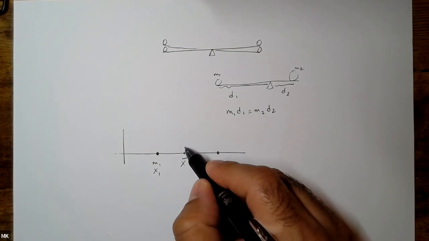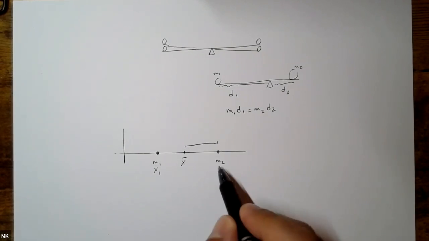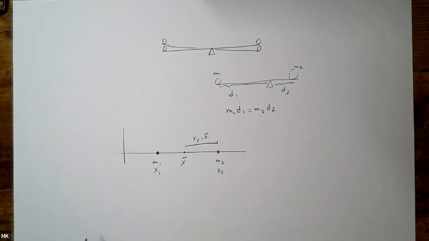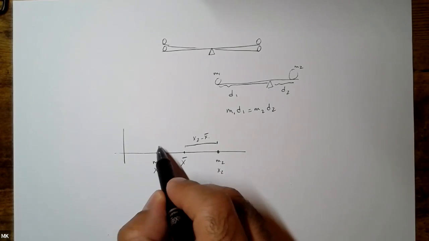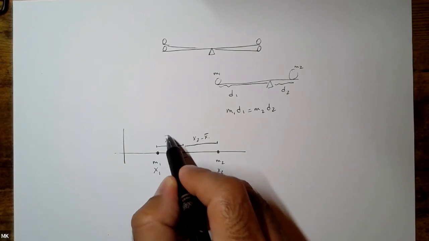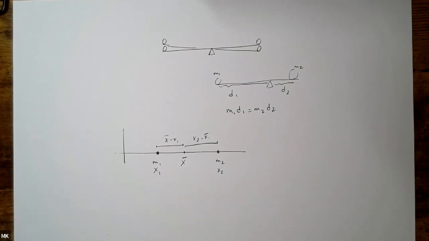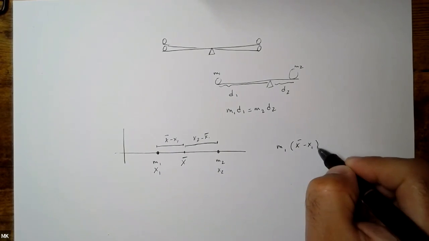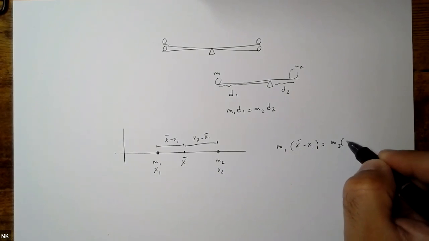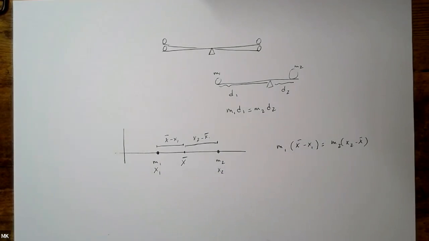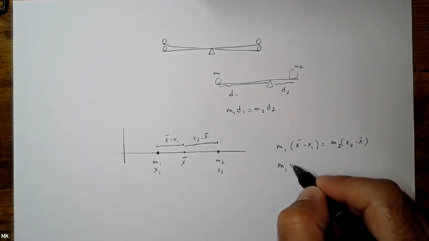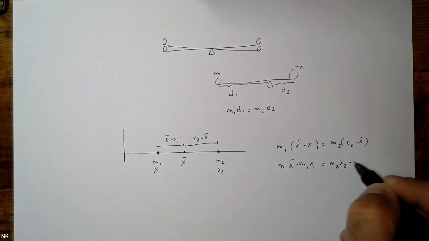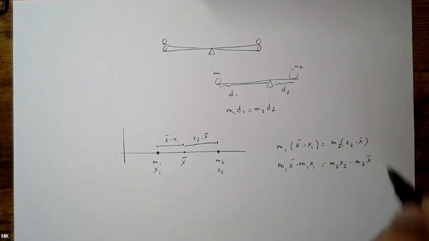So the distance from x bar to x2 would be x2 minus x bar. The distance from x bar to x1 is x bar minus x1. And the idea here is that m1 times (x bar minus x1) should be equal to m2 times (x2 minus x bar). Or m1 x bar minus m1 x1 would have to be m2 x2 minus m2 x bar.